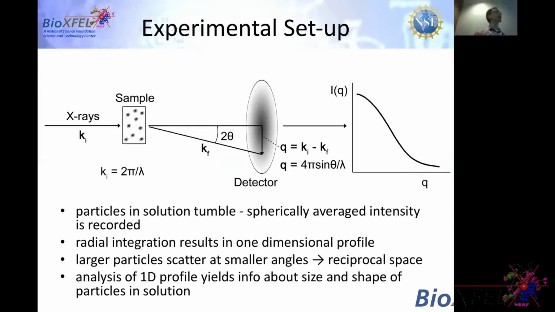Because it's isotropic, we can actually do radial averaging in order to get better signal to noise, and we end up with a one-dimensional profile of intensity versus Q, which is essentially related to the scattering angle.